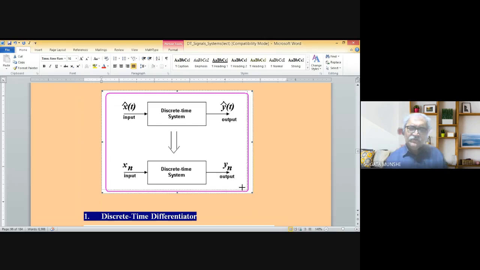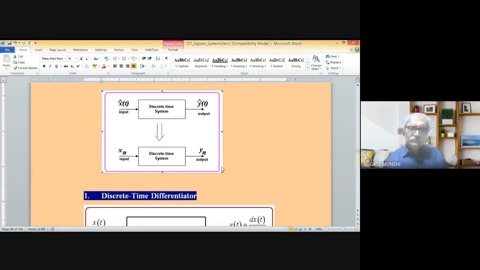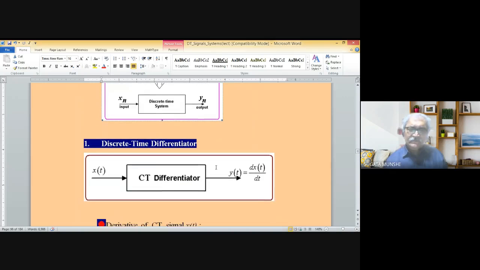So first I am moving on to the discrete time differentiator. What do you want to do in case of a discrete time differentiator? There is an analog or continuous time signal, and you want to differentiate the signal. Remember, all the systems that we are considering are causal systems.